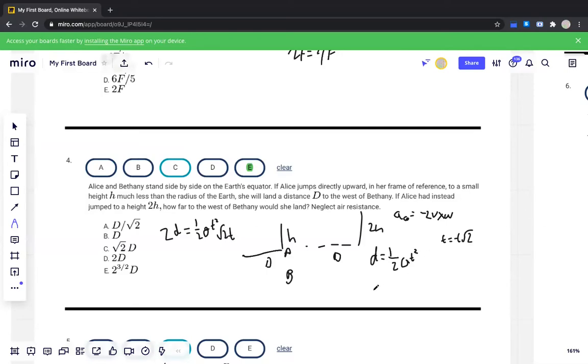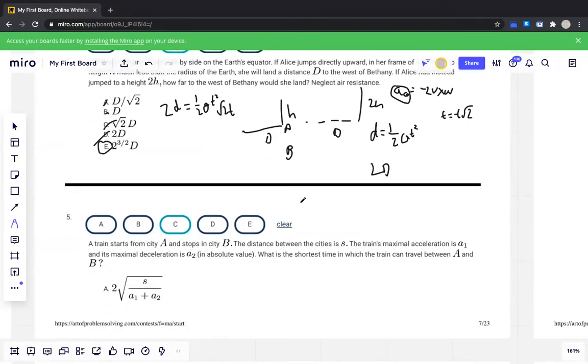So this means that the total distance must be at least 2d. So we can cross out A, B, and C. But also, the acceleration of the girl due to the Coriolis effect is going to be larger because the velocity at which she leaves the ground is larger, and the average velocity is also larger. So this means that it has to be larger than 2d. So that means we're left with E as our answer.